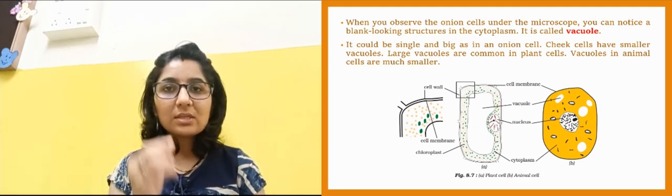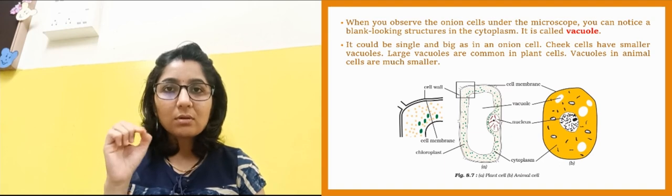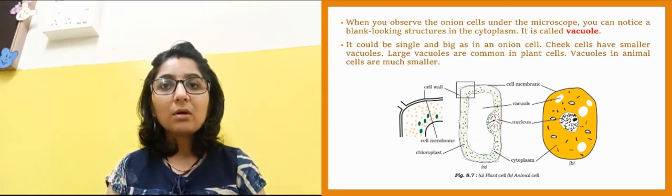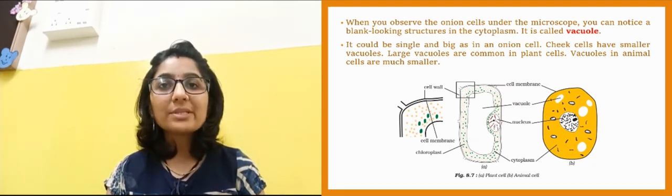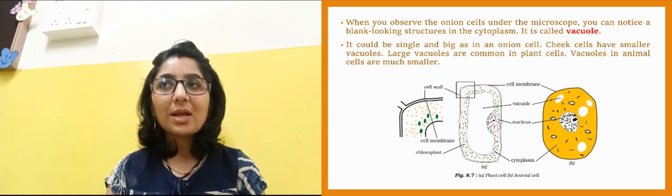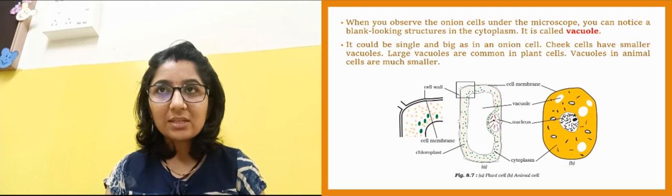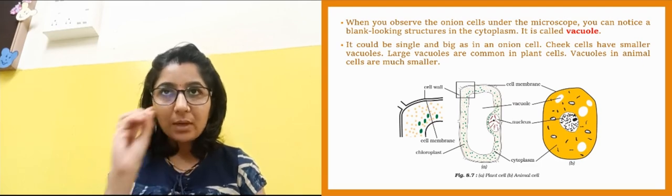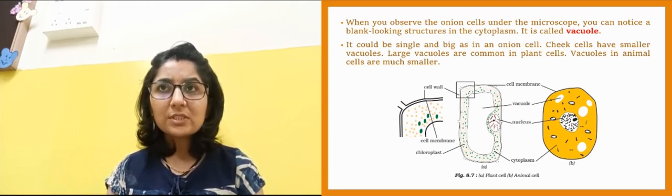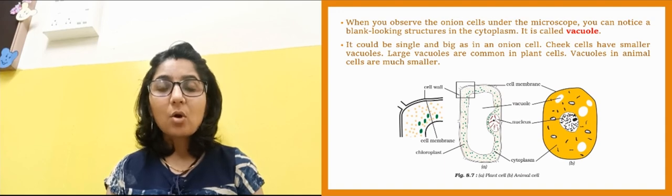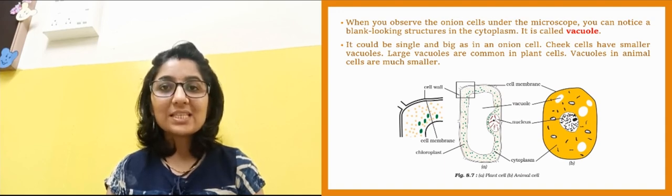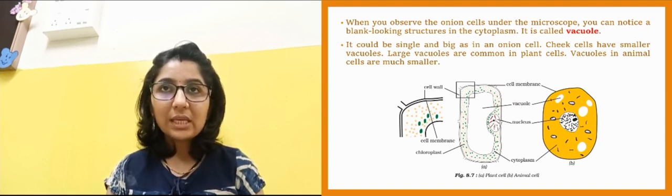And in the animal cell, you can see a few small empty spaces. What are those empty spaces called? They are called vacuoles. Where are they present? In the cytoplasm. We can see some blank looking structures, which are called vacuoles.